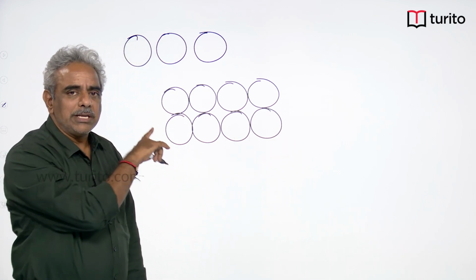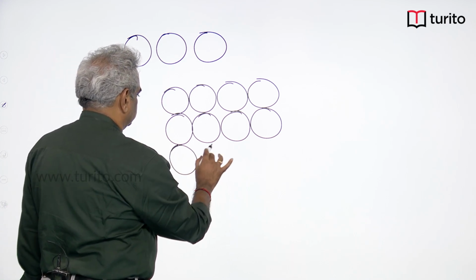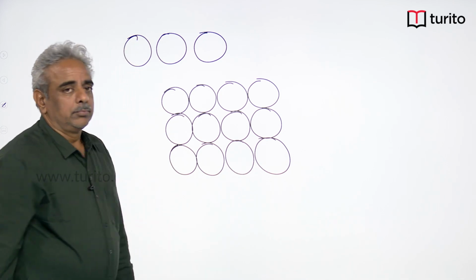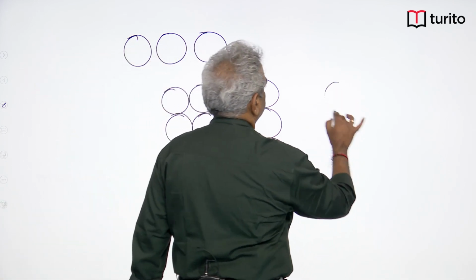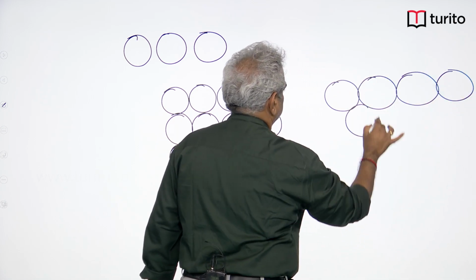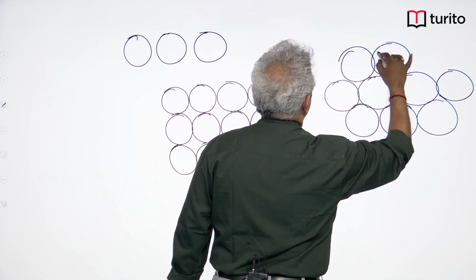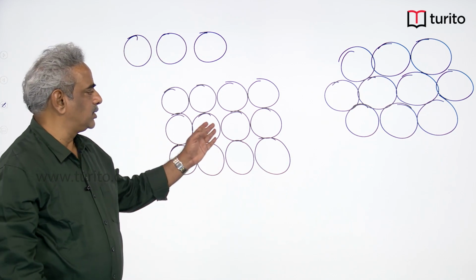A student will arrange like this simply. But one more student will arrange in a different manner. See, there is a difference between this and that.